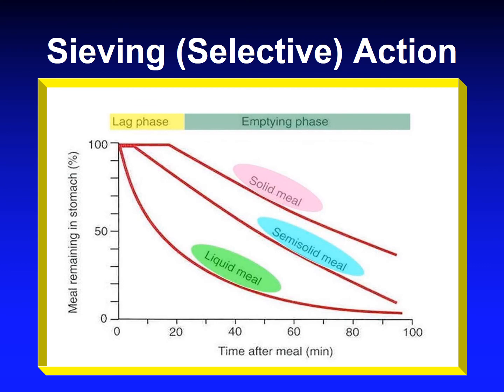After eating a liquid meal, that's the very first line, which is at the bottom of the graph, you will see that the liquid meal emptied immediately faster than the solid food and the semi-solid food, which take a longer period of time compared to the liquid meal.